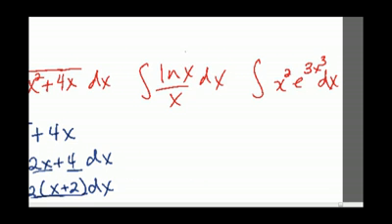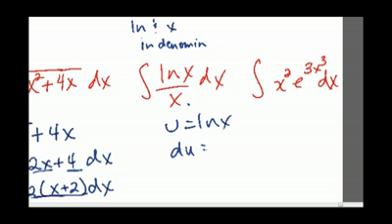The derivative of ln: if you ever see an ln and you see an x in the bottom, so ln and x in the denominator, that's a U sub problem, because the derivative is 1 over x. So U would be your ln x term, du would be 1 over x dx.